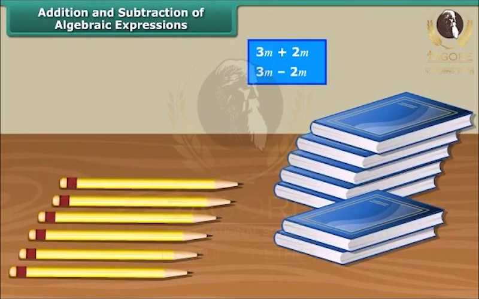Now again, we can't combine these objects since they are different. However, if we remove 1 pencil from 6 pencils, then we are left with 5 pencils, but still we have the 7 books. So you can say it's quite similar with algebra. We can only add or subtract similar objects.